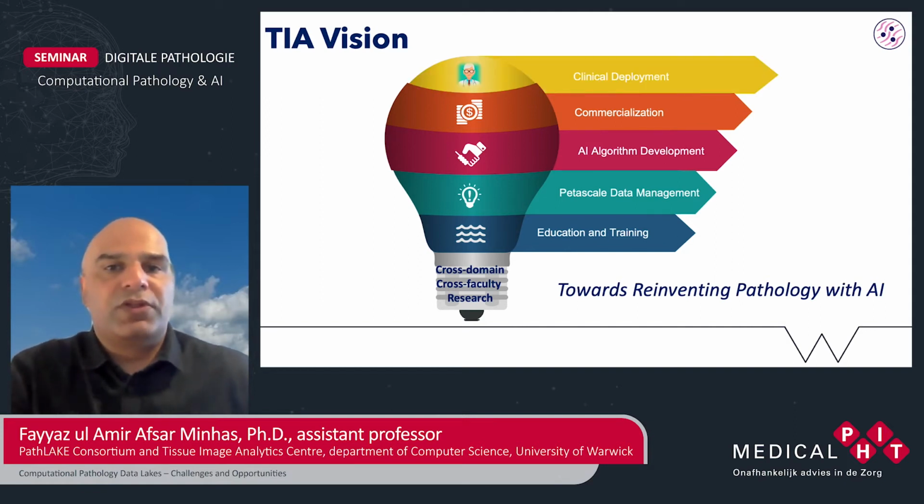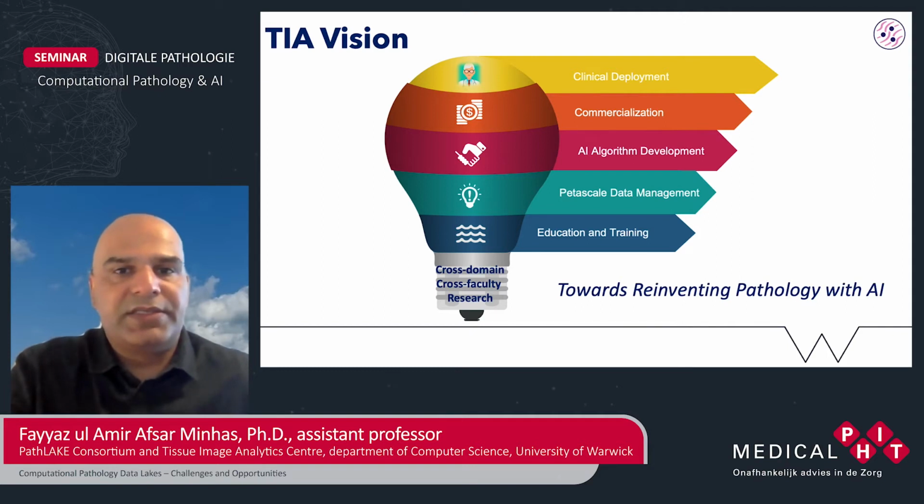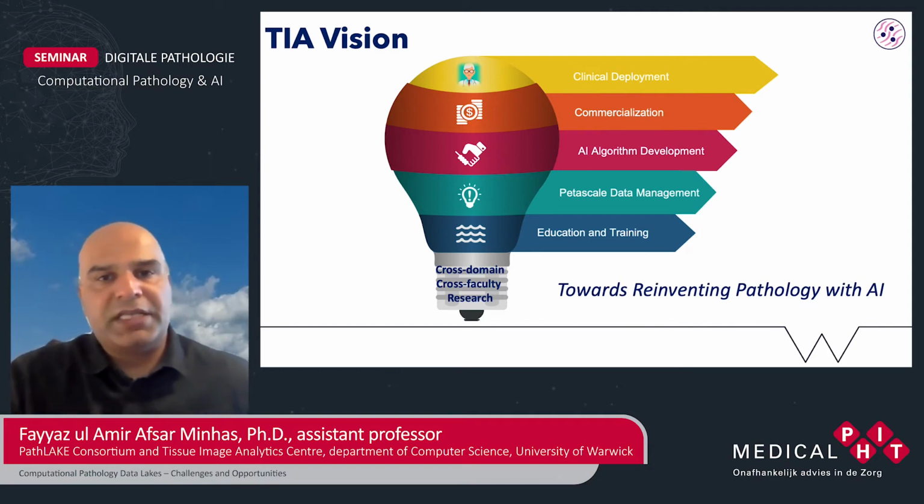We want to focus on clinical deployment, which as I said earlier, is our end goal, so that we can help cancer patients as well as pathologists in doing their diagnosis, as well as identifying various prognostic factors involved in cancer and other diseases.